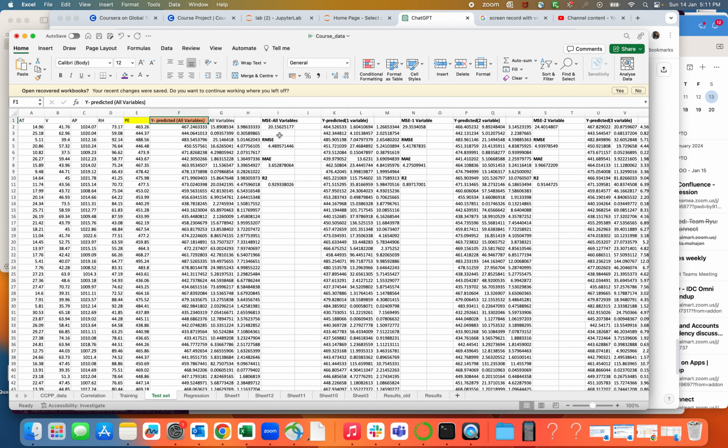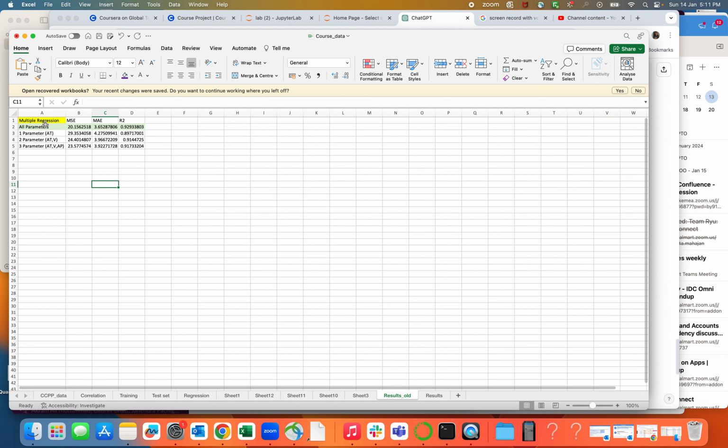That's when I calculated the mean square error, root mean square error, mean absolute error, and R square. When I compared them, I could see that the model with all the 4 parameters or features is the best one so far. This is the parametric algorithm that we have chosen.